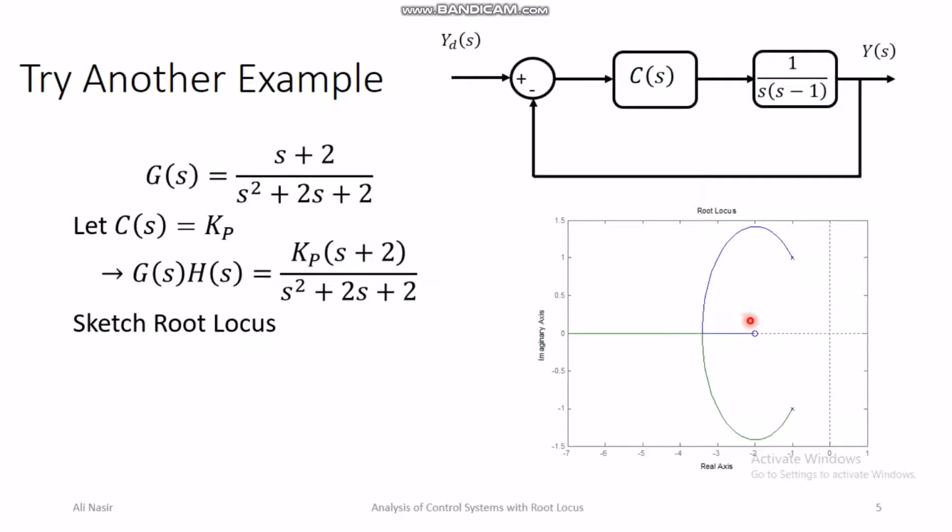In this case, the proportional controller is nicely able to asymptotically stabilize the system. Even without any controller, the system, sorry about this, here I also should have changed the transfer function. The transfer function is no longer s into s minus 1. The transfer function is s square plus 2s plus 2.